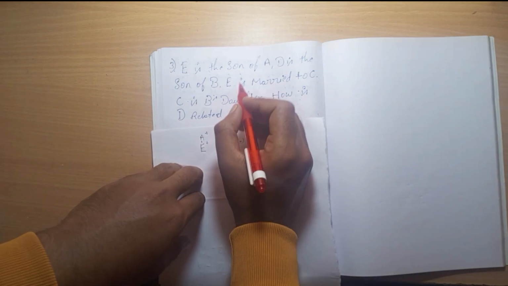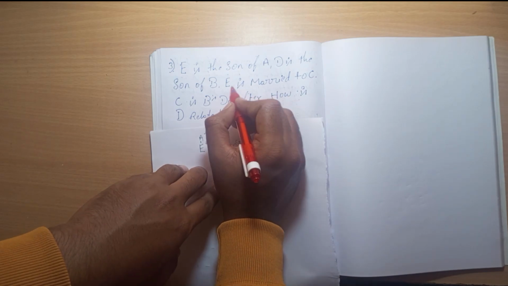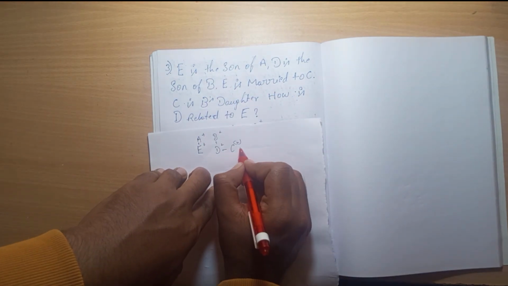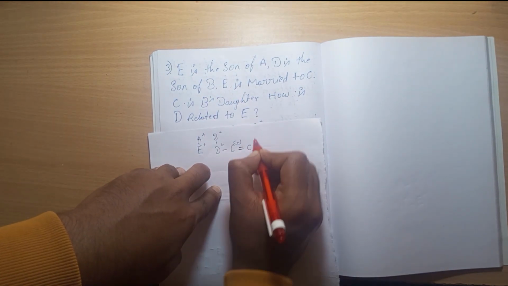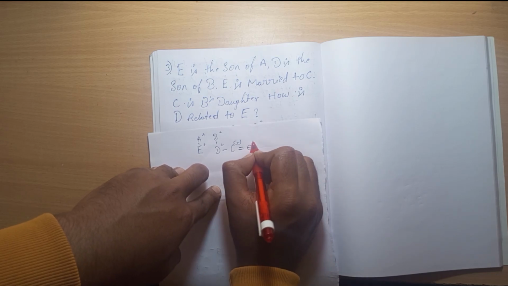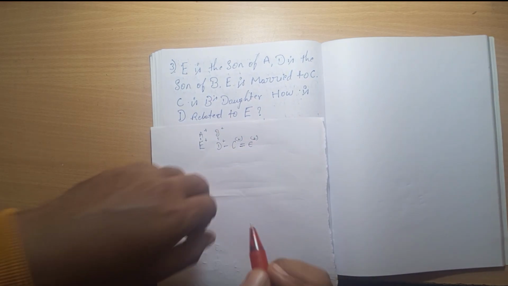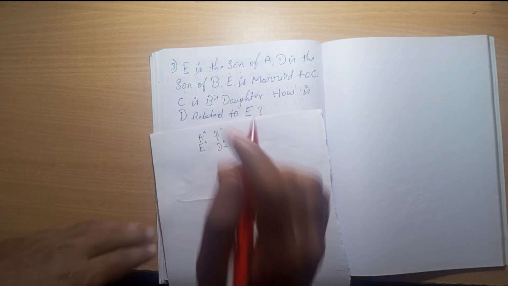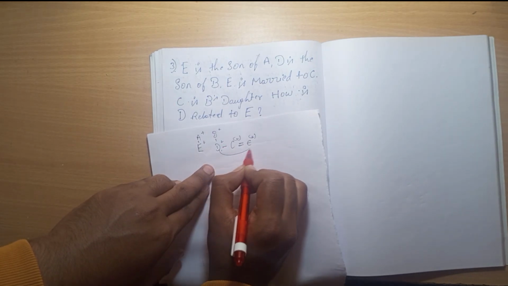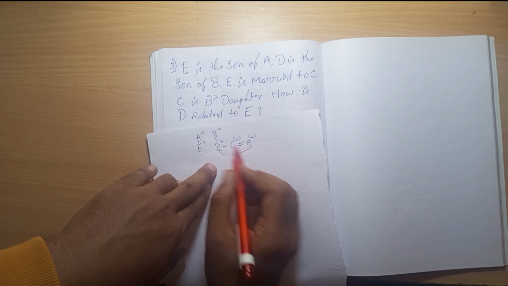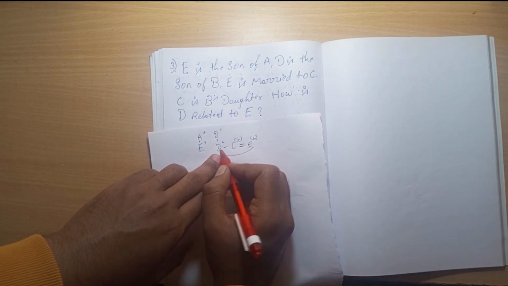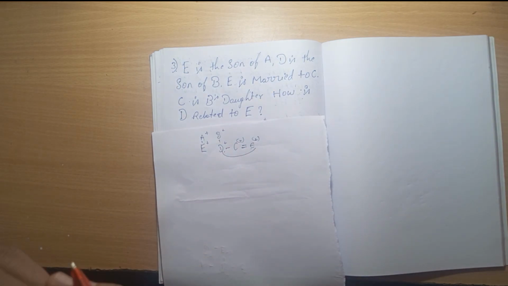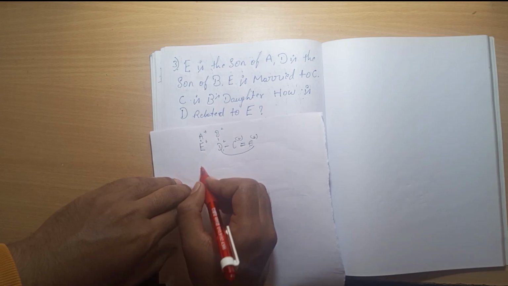Then the third sentence: E is married to C. And what did they ask? How is D related to E? The answer is brother-in-law.